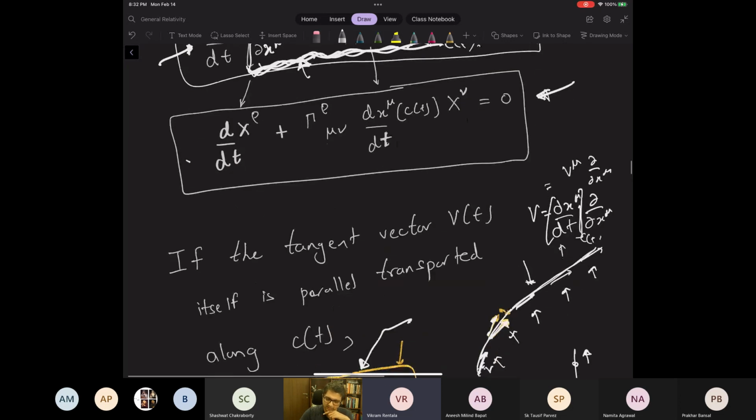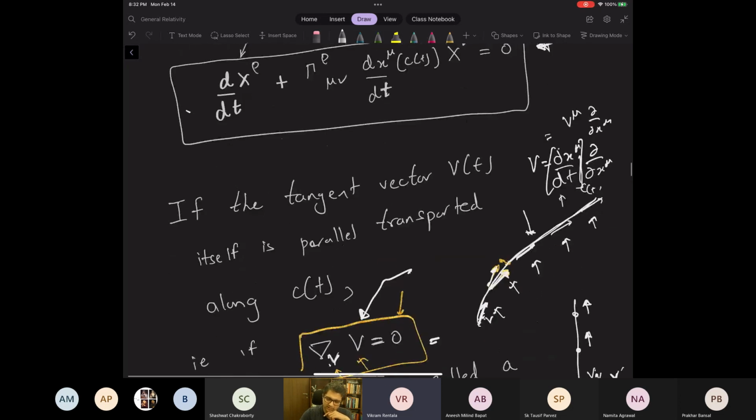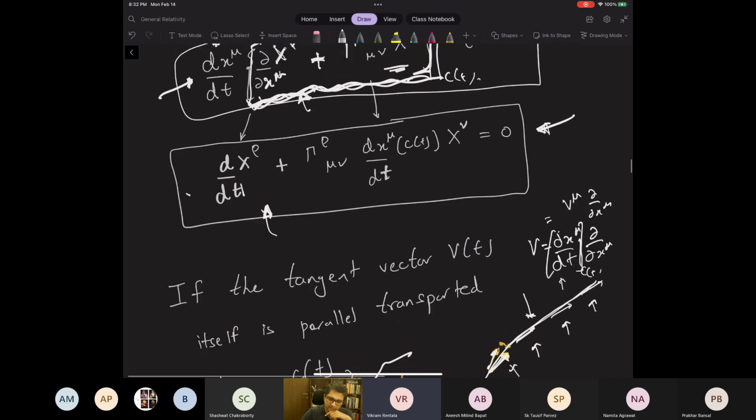So we can plug these coefficients dx^μ/dt into this equation. Here capital X was the coefficient of the vector, X^ρ, as opposed to small x. So for capital X, we're plugging in dx/dt, so X^ρ is dx^ρ/dt.